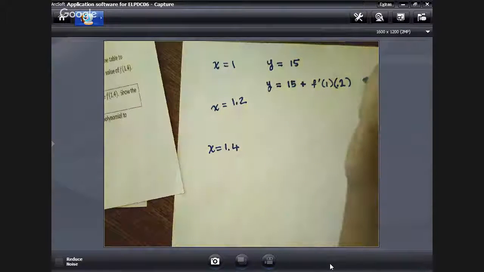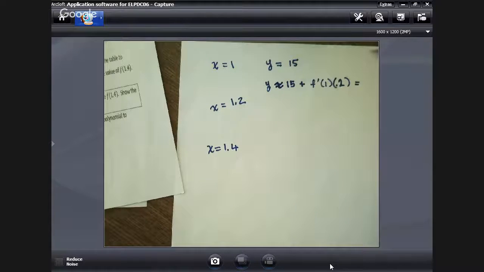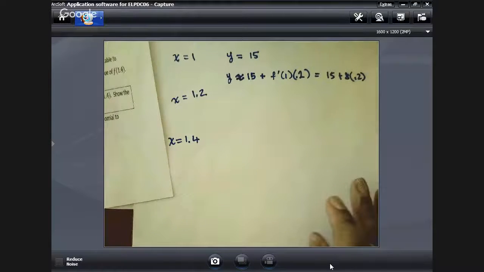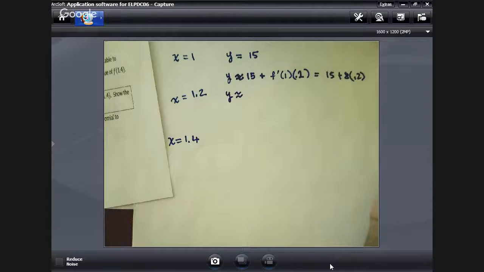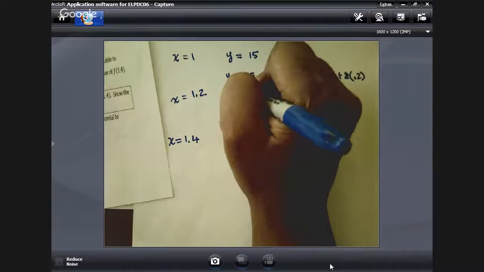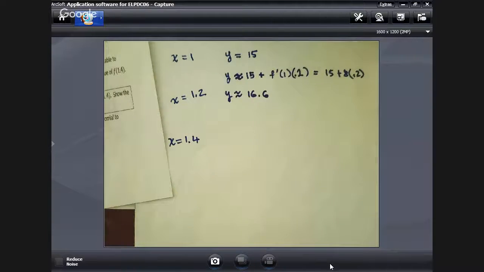It's 8. So it's really approximately 15 plus 8 times 0.2, which is 1.6. So my y value here is 15 plus 1.6, approximately 16.6.